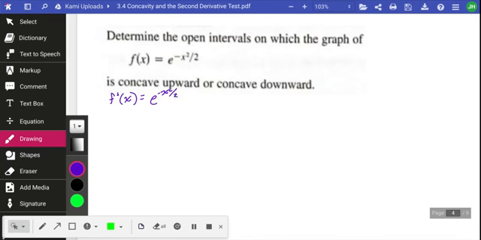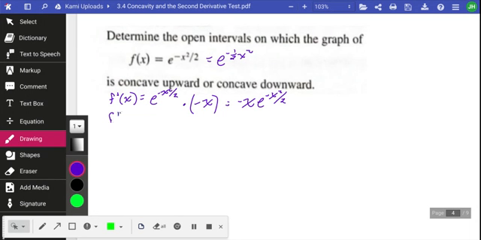You have to chain rule this, times the derivative of negative x squared over 2. When I take the derivative of that exponent, I'll have 2 times negative 1/2, which is negative 1, so I'll just have negative x. Simplifying, f prime of x is negative x e to the negative x squared over 2.